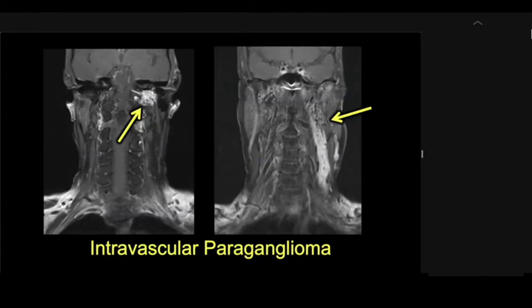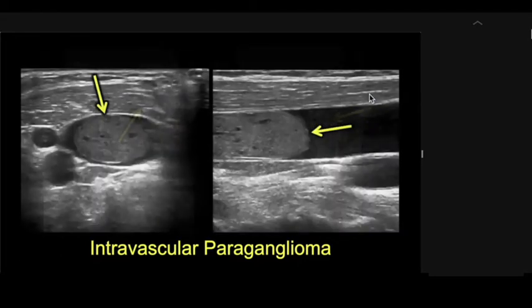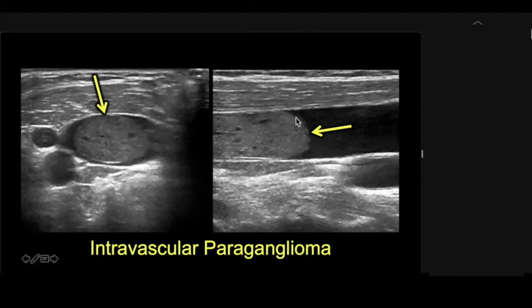What's interesting about this lesion is we can see it extending inferiorly below the skull base along the neck, and it appears to actually invade into the internal jugular vein. So this was further evaluated with ultrasound, and we can see a hypoechoic mass within the vein itself, near completely occluding it, and there are dark tubular structures within it correlating with those vessels seen on the MRI.